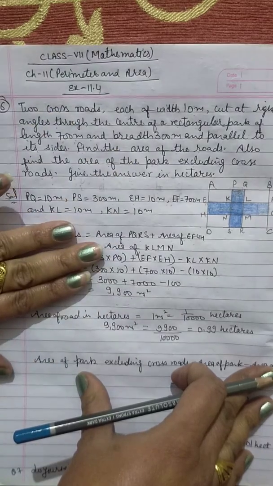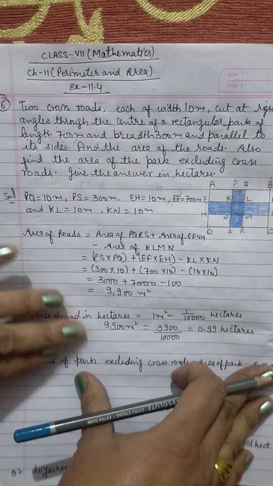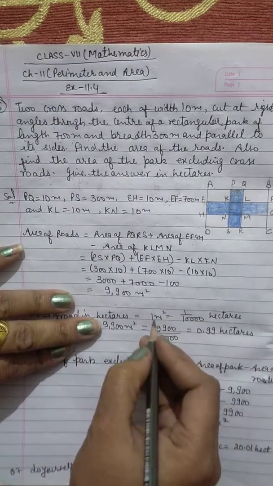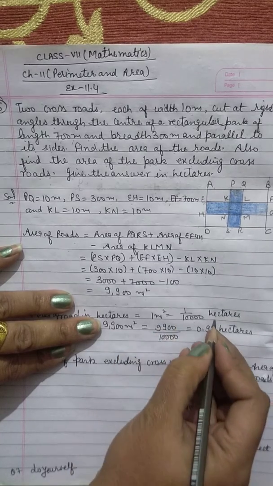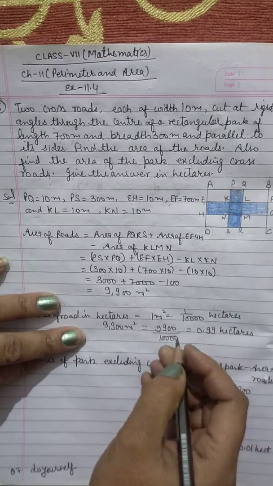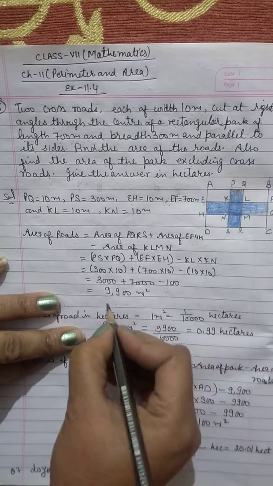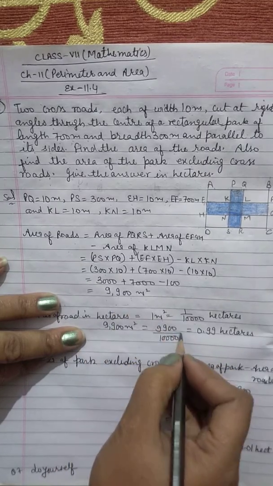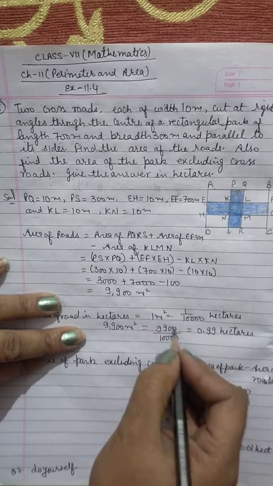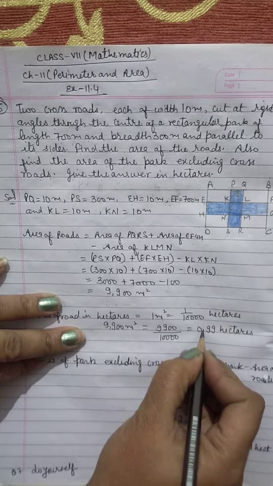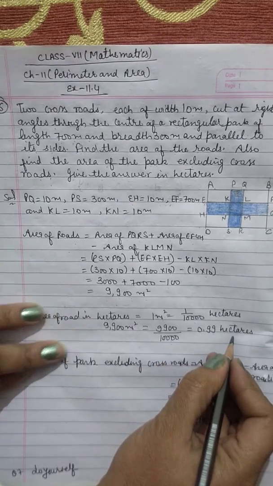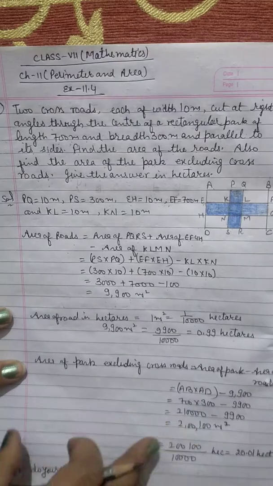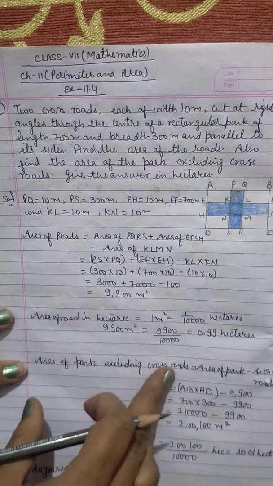So first of all, we'll convert the area of road in hectares. As we know that 1 meter square equals 1 by 10,000 hectare. So put here the value, on meter square we can put here 9900. So 9900 divided by 10,000, and on dividing it we got here 0.99 hectares. Fine.